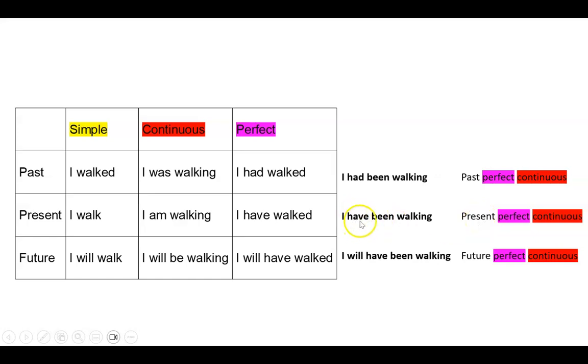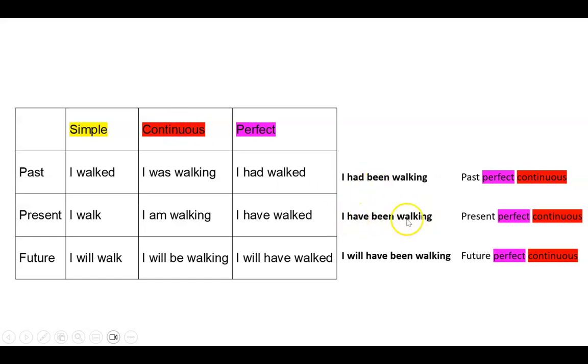Present, have, perfect, been, continuous, ing. And future, will, the perfect is been, and the continuous is ing. So these are what I call the hybrid tenses because they're both perfect and continuous. So it's about a result after an action or a process.